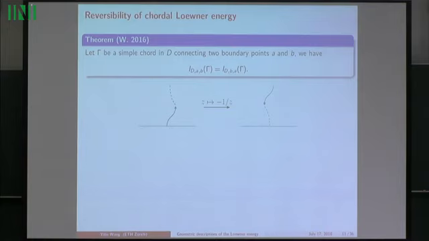This is called the reversibility of the Loewner energy. It states as follows. If you have a simple chord in D connecting two boundary points from A to B, then the Loewner energy of gamma from A to B equals the Loewner energy of the same curve, but viewed from B to A. So it's a completely deterministic statement, and you can imagine there should be a brute force way to compute this.